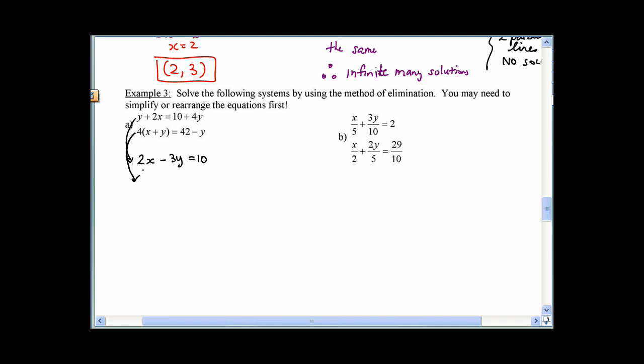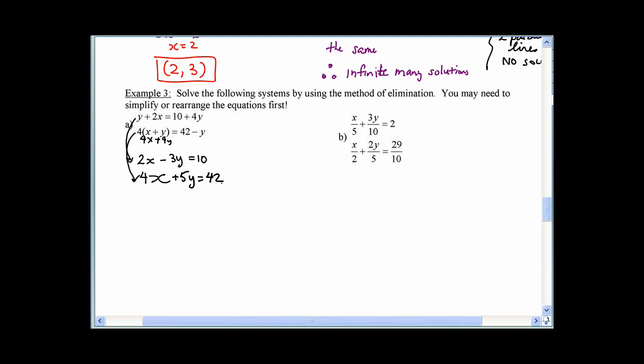Taking the second equation, going to expand, and by the way, that's just 4x plus 4y. So 4y plus y must be 5y equals 42.